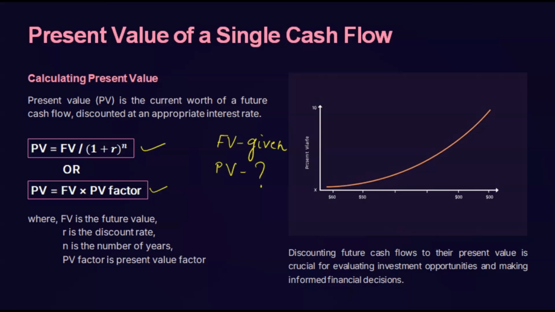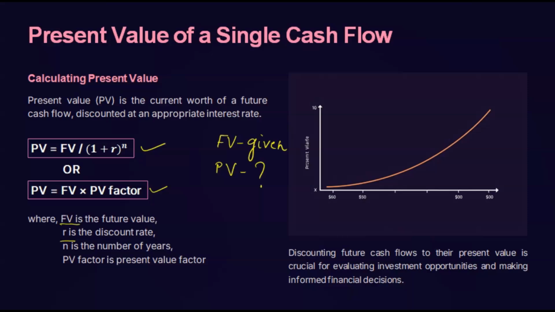So first we are going to see present value equals future value divided by (1 plus r) to the power n. FV is obviously the future value. Earlier we were calculating it in the future value methods; now it is given. r is the discount rate. Because future value is given, we need to know at what discount rate we will find its present value.